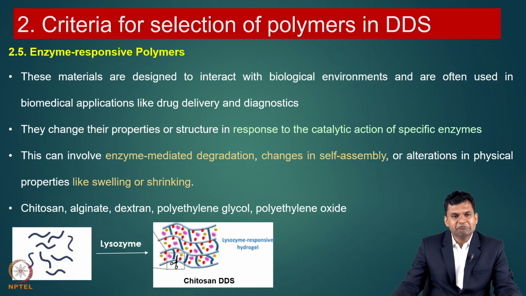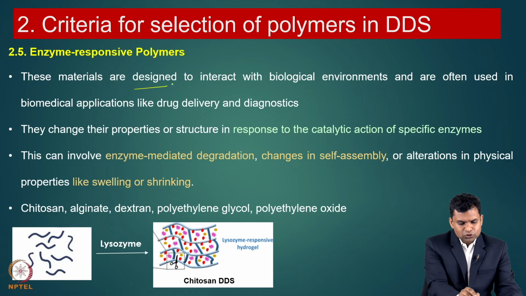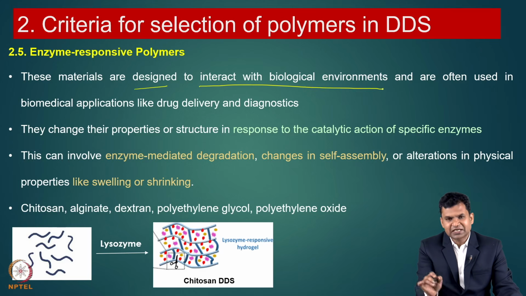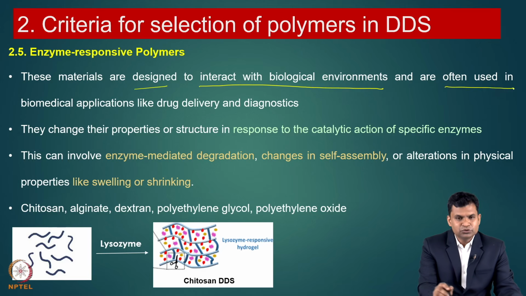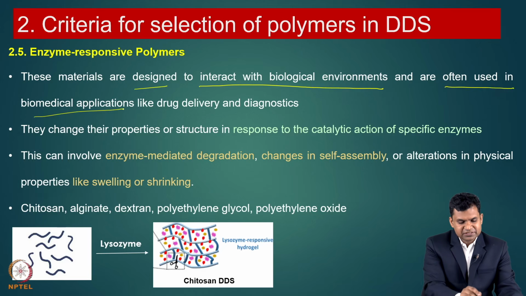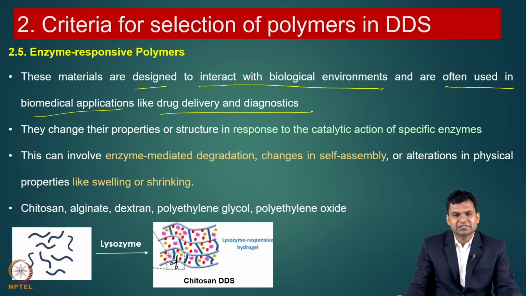And the fifth one, enzyme responsive polymers. We know the polymers will respond to various enzymes through in vitro and some in vivo mechanisms. These materials are designed to interact with biological environments and are often used in biomedical applications, which are drug delivery and diagnostics applications.